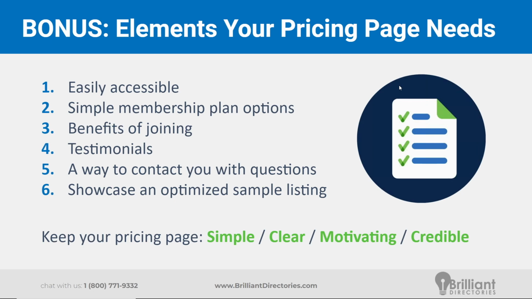More established sites that are already known in industries usually have even more options, but sites that are just starting out and they want quicker conversion rates because people are not yet familiar with their brands, you want fewer and simpler membership plan options. Always outline the benefits of joining, and you don't need to itemize features of their listing.